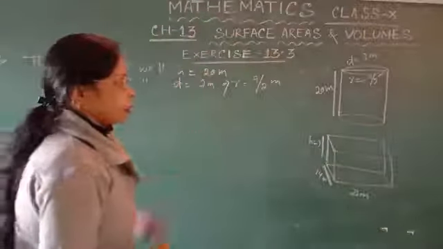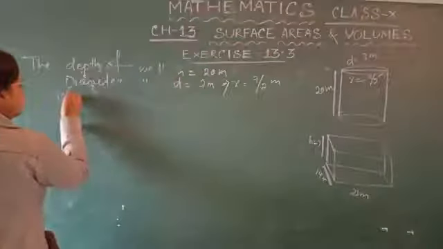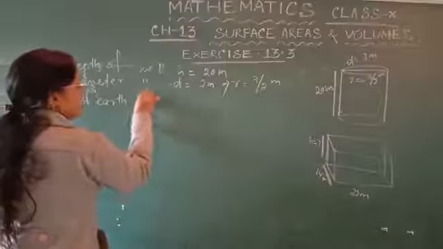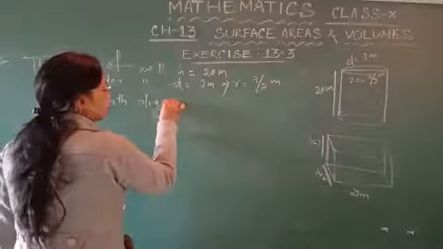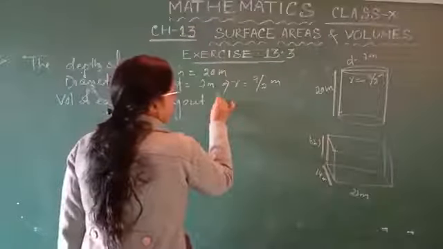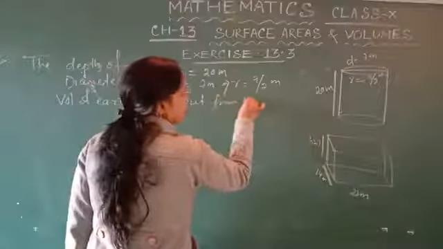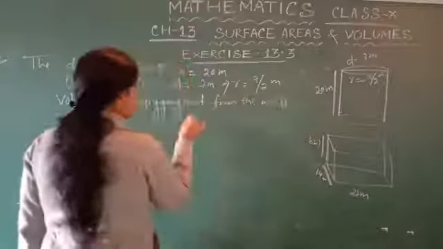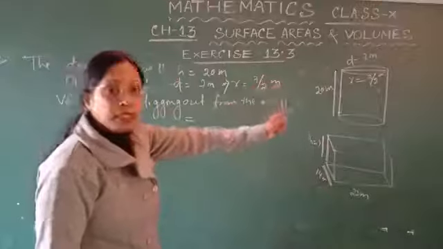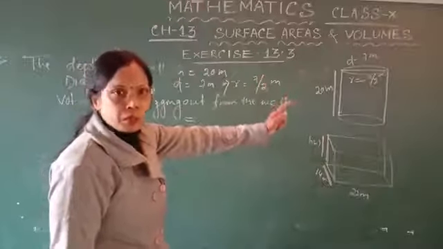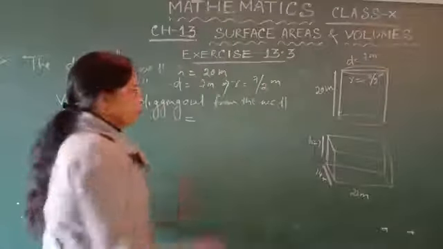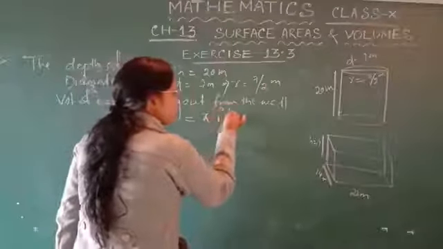Then the volume of the earth dug out from the well: because the well is in a cylindrical shape, the volume of the cylinder, all of you know the formula, is pi r square h.